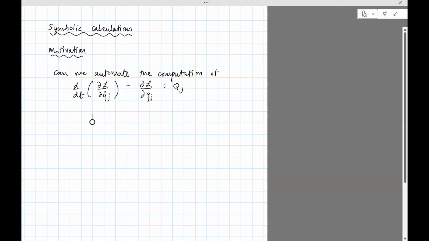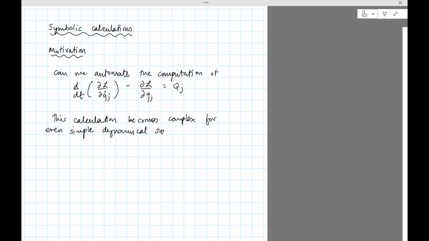Okay, so this calculation becomes very complex, or rather complex, for even simple dynamical systems, e.g. a double pendulum.